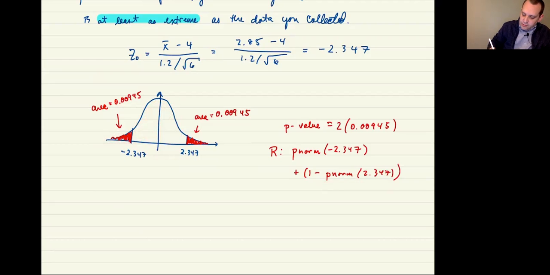Or, a much easier way is just 2 times pnorm of negative 2.347. By symmetry, you know the areas are equal, so just double the area.